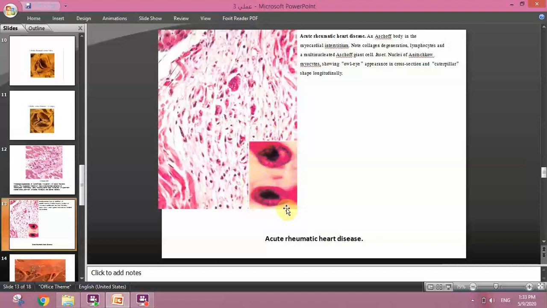This is in acute rheumatic heart disease.